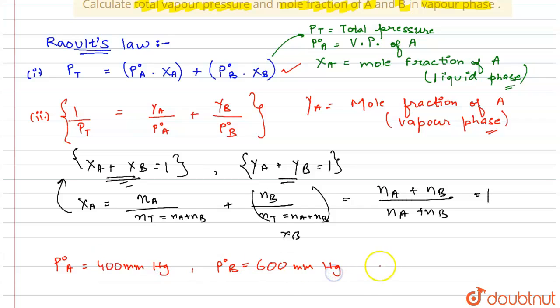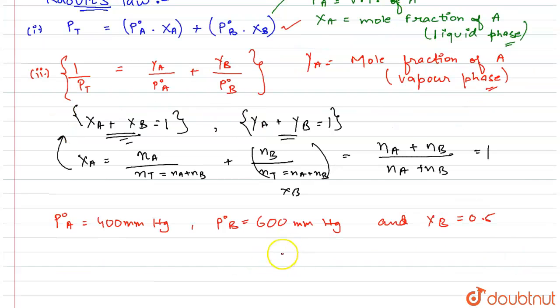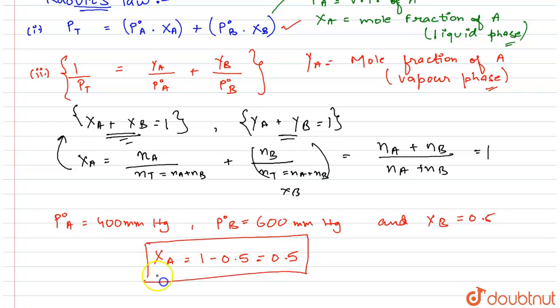As I just told you, XA plus XB is equal to 1, so XA will be 1 minus XB, that is 1 minus 0.5. So the value of XA will be 0.5.